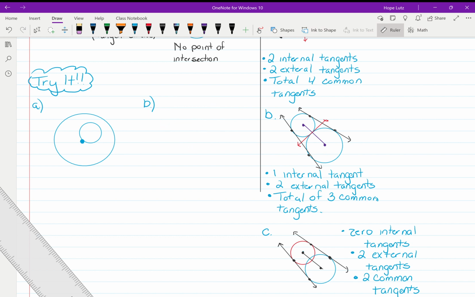I'll try this again. I didn't get it quite the way I wanted it, because I didn't draw my center point. I need to make sure you draw your center point and then draw the second shape.